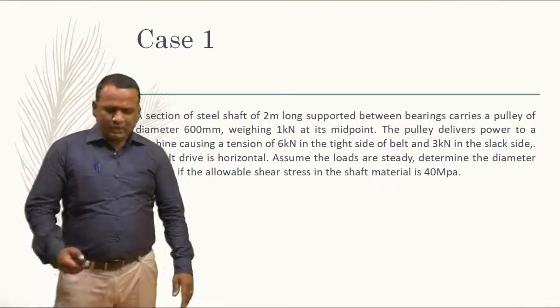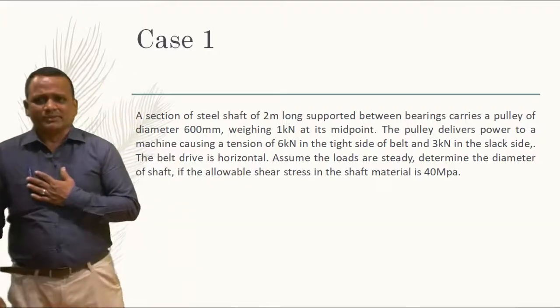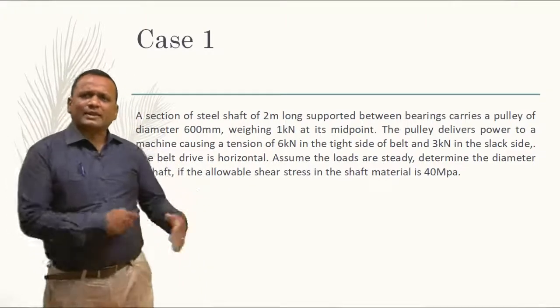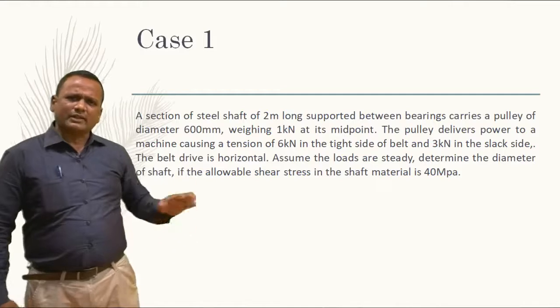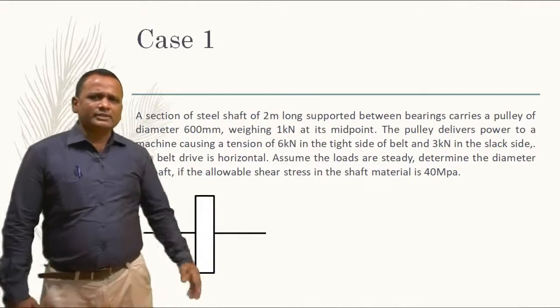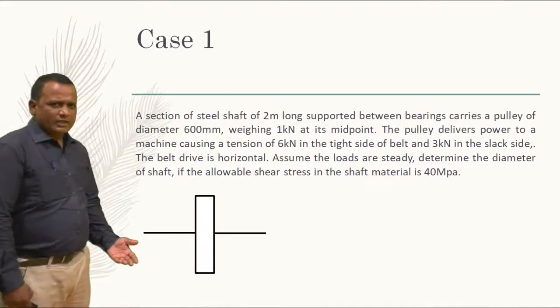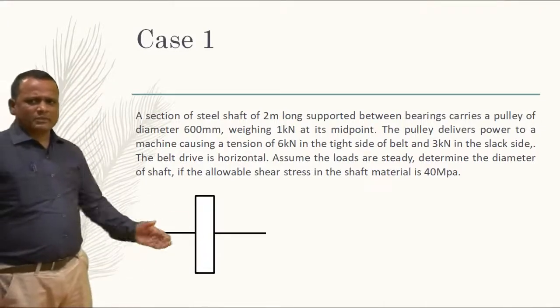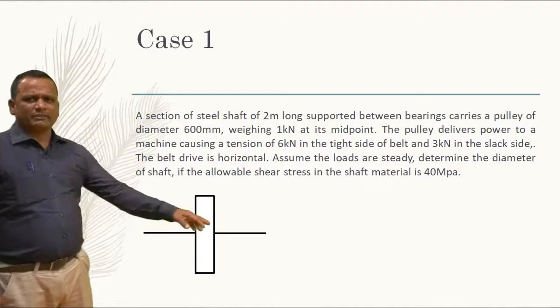So initially, what I prescribe is, before designing the shaft, try to understand the whole case very clearly and make out what all we have in it. For this, I will consider one small sketch. This is a pulley which has been loaded at the mid of a shaft.